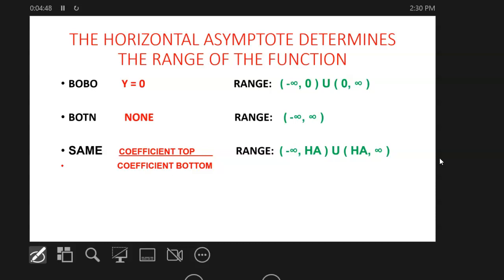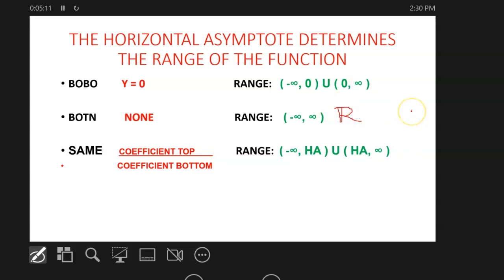In a situation of BOTN, there was no horizontal asymptote, which means that there are going to be no restrictions on the range of that function, and the range is going to be from negative infinity to infinity. You also might see that written as just the set of real numbers.